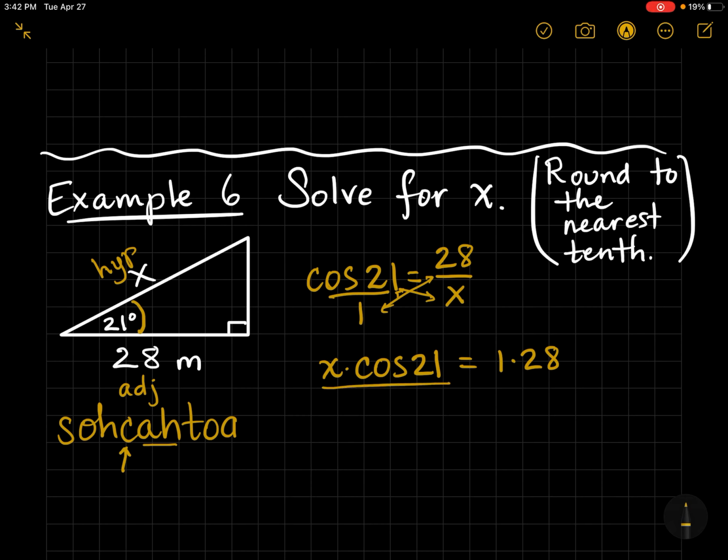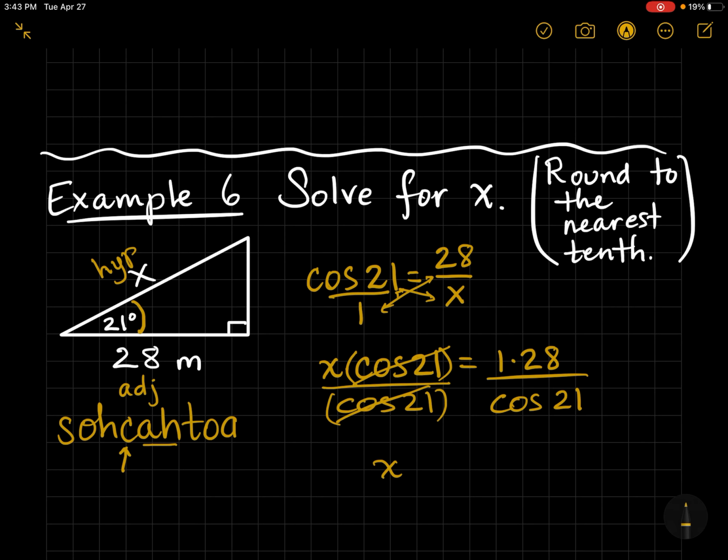And we want to get x by itself, so we divide both sides by cosine 21. Remember, that's locked together, okay? On my calculator, I'm going to punch in 28 divided by, or you could use the fraction key, that would be great if your calculator has one.